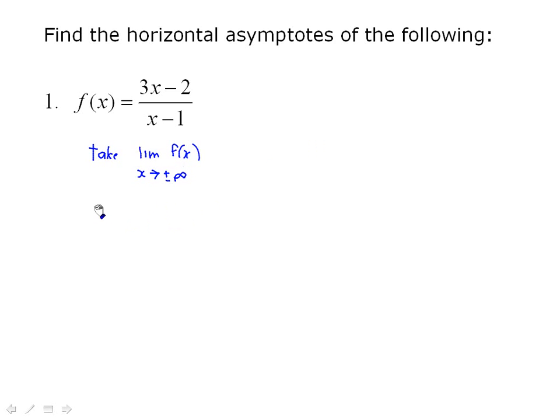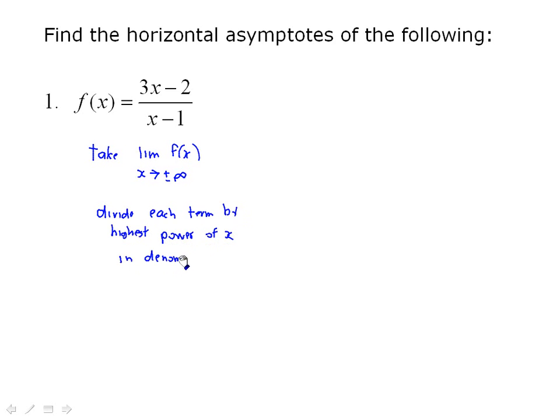So you may recall that the common method is to divide or factor out each term by the highest power of x. Well, I like to go in the denominator.